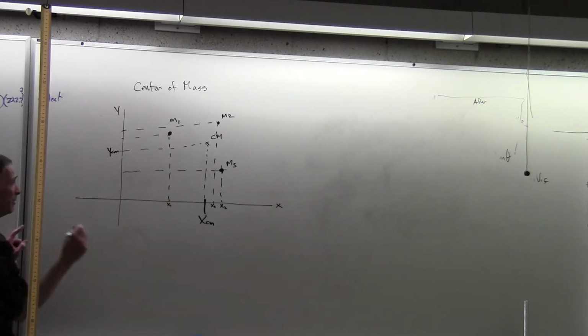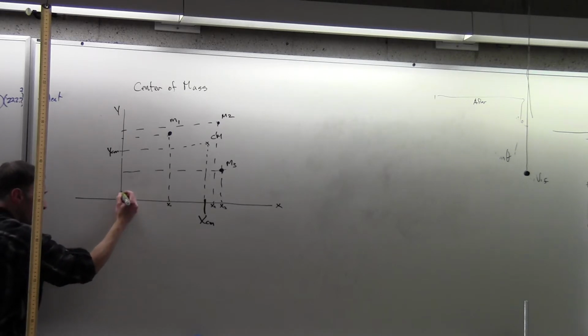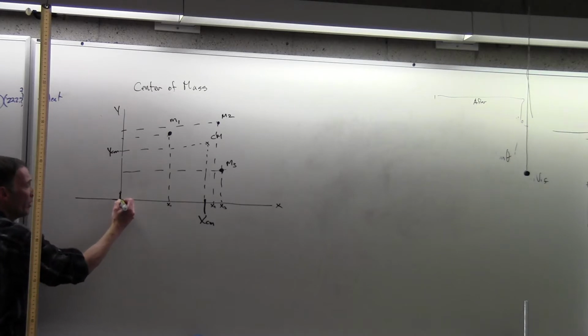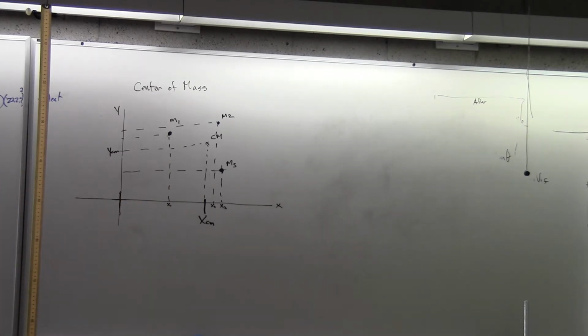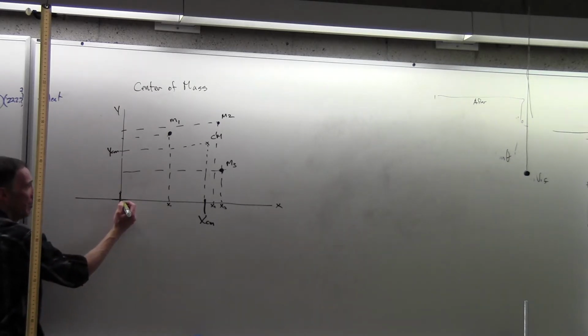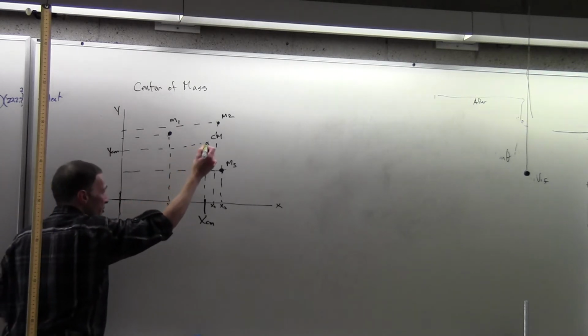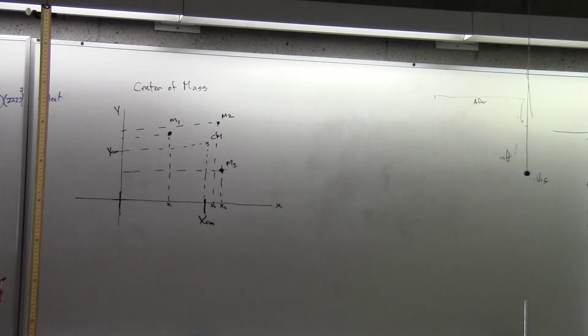And you want to keep in mind that you need to be really clear on where you're putting your origin, because all your measurements are going to be measured relative to that point, and we're going to find the position of the center of mass relative to that point.